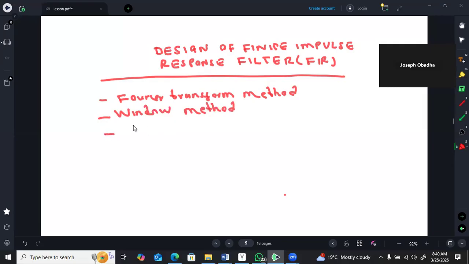We also have the frequency sampling method. And then we have what we call the optimal design method.